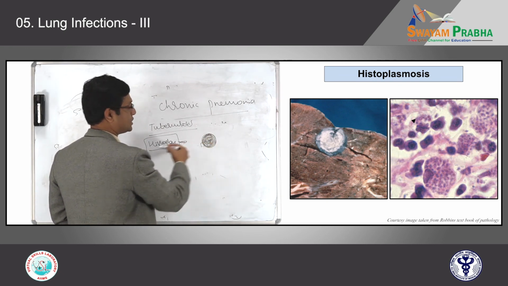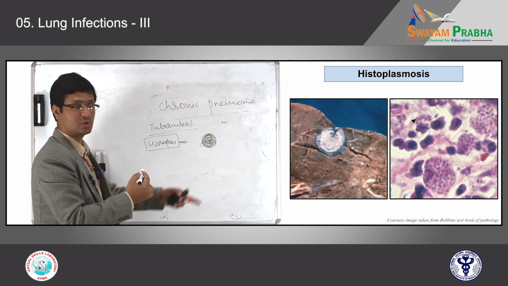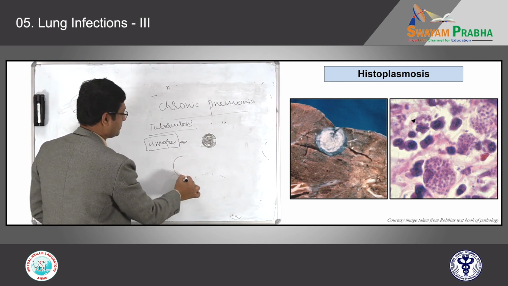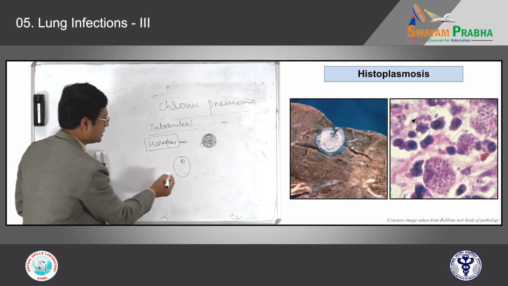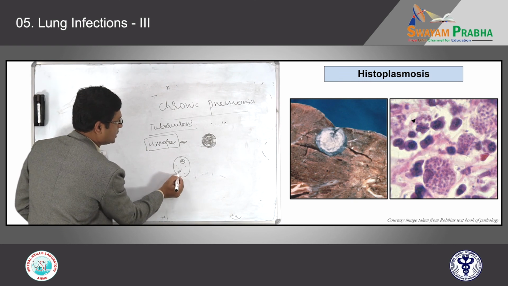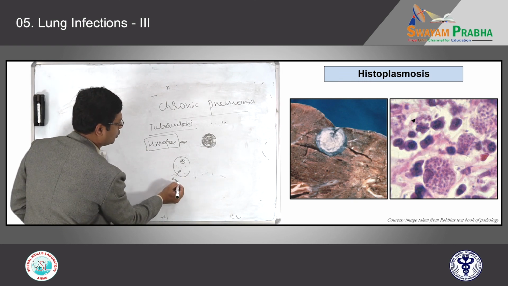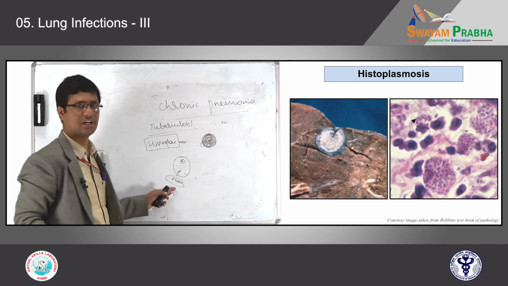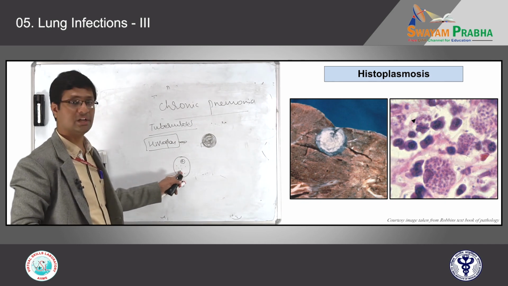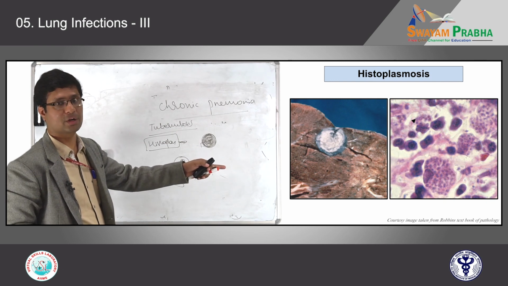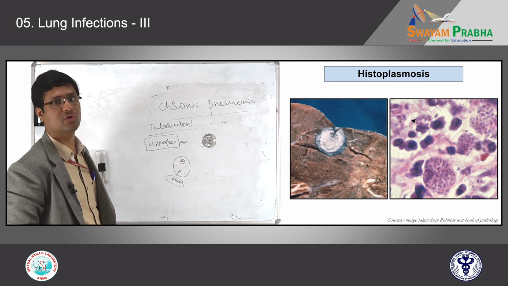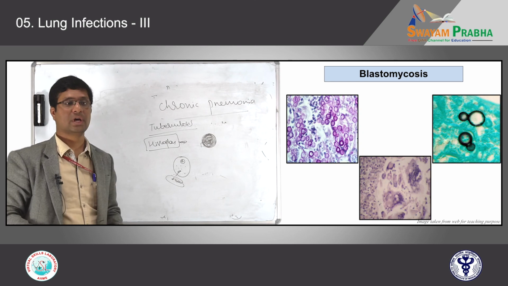If you take sections and do a microscopic examination, you will see histiocytic cells filled with tiny organisms with clear space surrounding them. These organisms are almost 2 to 4 microns, present predominantly intracellularly in the macrophages. That is how it looks under microscopy. This is the diagnosis and morphology of histoplasmosis.